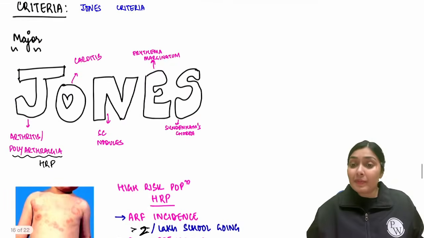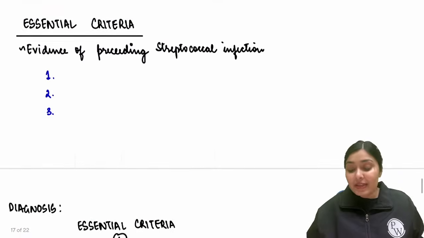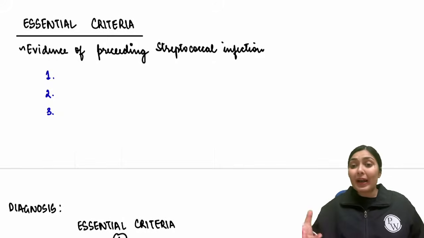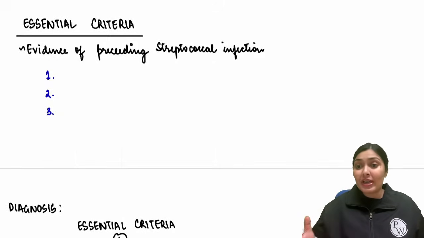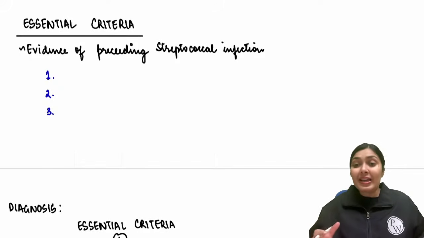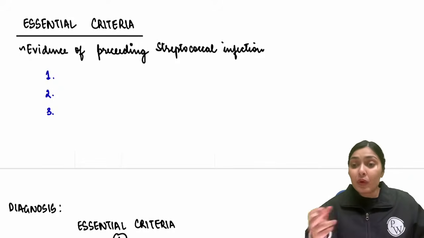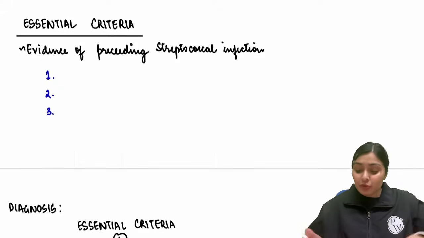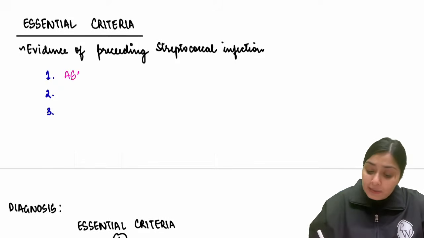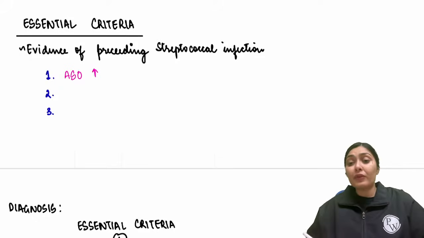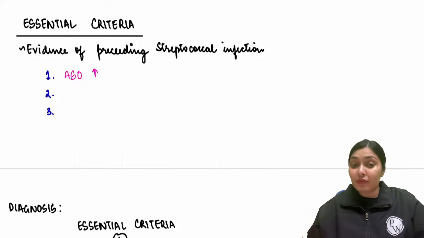So for high risk population, the threshold would be less. So this was about the major and the minor criteria. Then comes the essential criteria. What is the essential criteria? I told you this rheumatic fever is happening post-infection. Infection has to be the necessity. It is the essential criteria. So essential criteria is nothing but the evidence that there was a preceding streptococcal infection. So what will be the evidence by my body? Firstly, ASO, antistreptolysin O. If the titer is high, that is suggestive of infection.